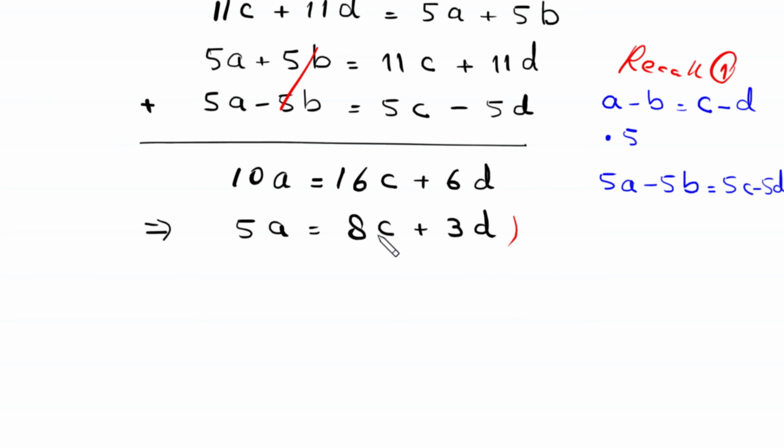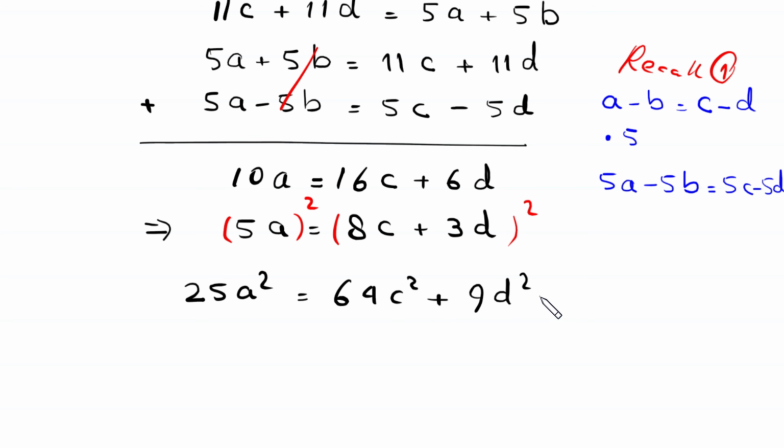Now we square both sides of this equation. So the left hand side becomes 25a squared, equal to 64c squared plus 9d squared plus 48 times cd.